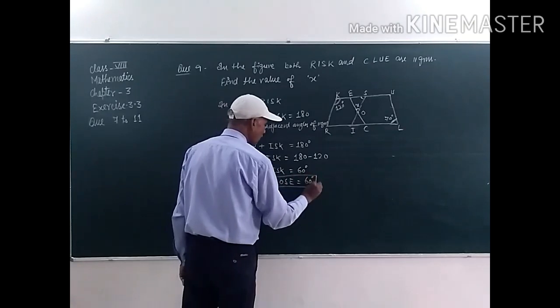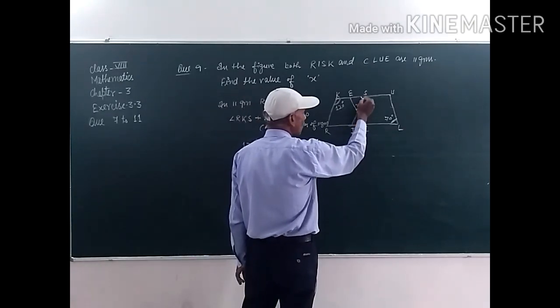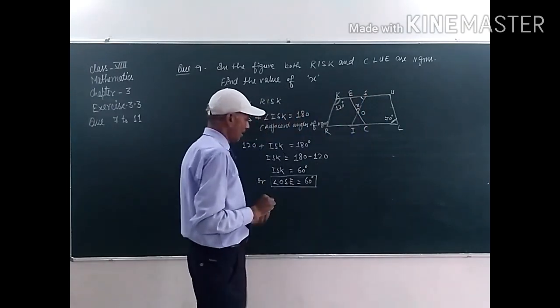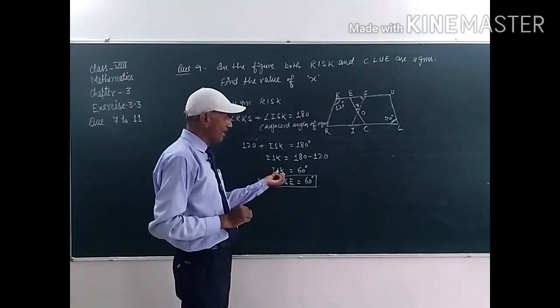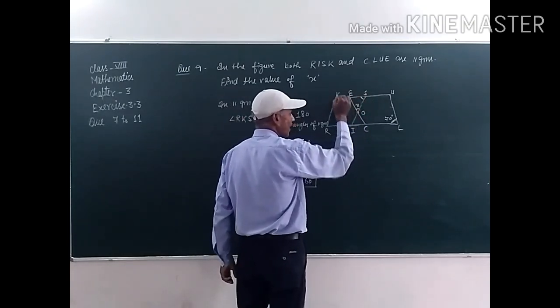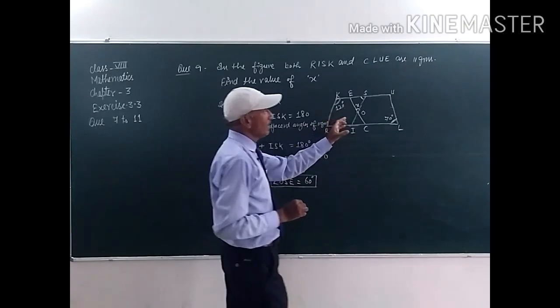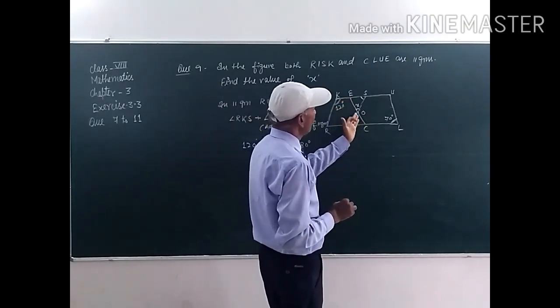Clear? So in this we find this angle OSE, that is equal to angle ISK because this is the same angle ISK.